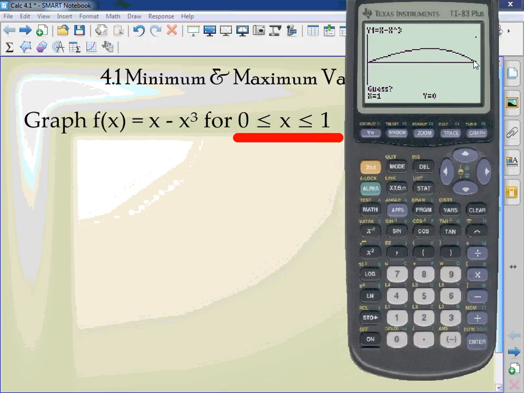I know it's in between both of these. I don't care what the guess is. Press enter. My maximum's at 0.577, 0.385. Yeah, it tells you both. That's my maximum value.